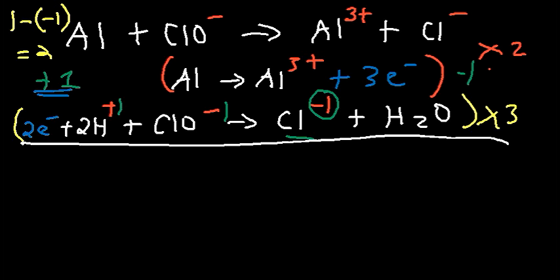So let's rewrite what we have. We have 2 Al, and that yields 2 Al3 plus with 6 electrons.